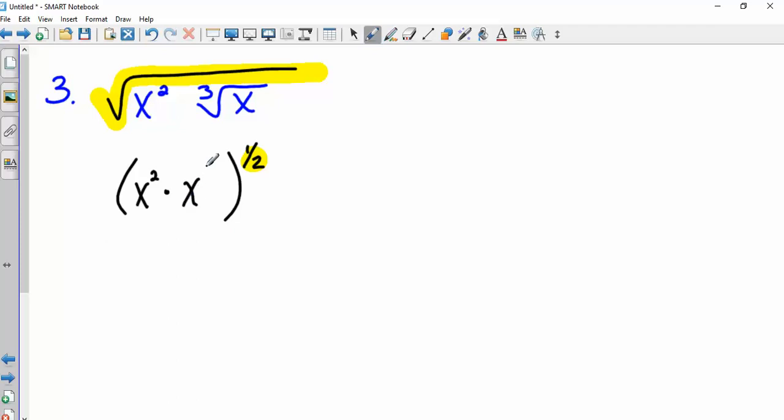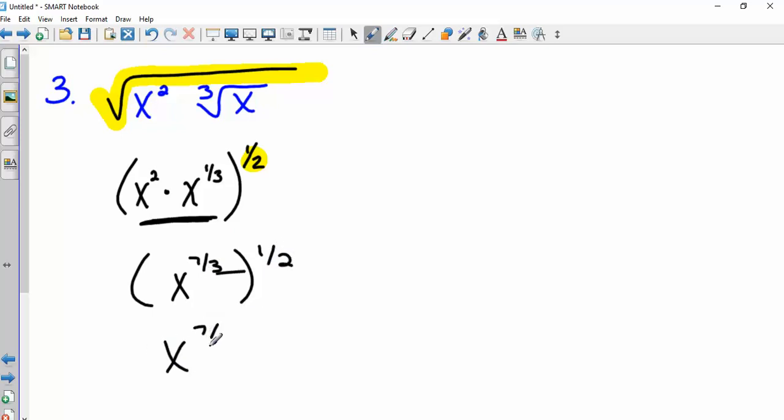That would be x to the 1/3. You guys know how to go back and forth between those? If these are multiplied, what do we do with the exponents? Add them. So 2 plus 1/3. And then we have a power to a power, which means multiply.